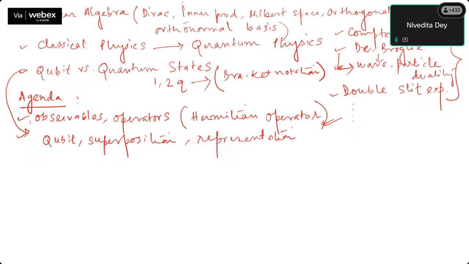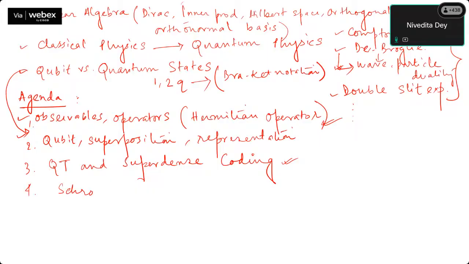Then this is one, this is two. The third part is we will be covering quantum teleportation, and super dense coding. I'm not really very sure, I think in Q3 00 and 01 we covered a little bit of that, but this will be a repetition for quantum technologies as per your syllabus. Post that, if time permits, we will enter into the Schrödinger's equation.